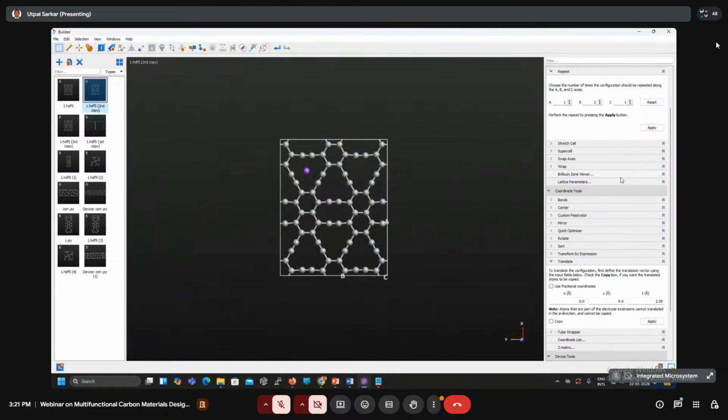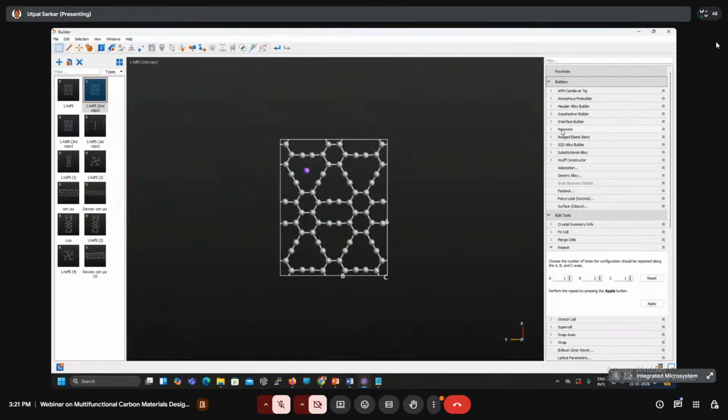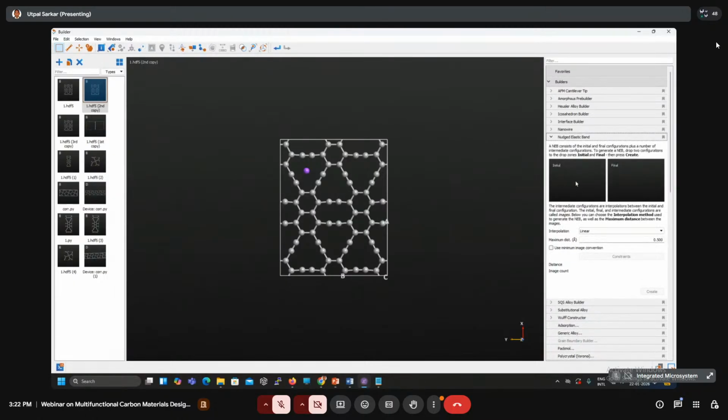So for NEB we have to go to the builder section. Under the builder section there is one option, nudged elastic band. Here we have two options, initial and final. In the initial part we have to take the first site or first position, and in the final section we have to put the second position.